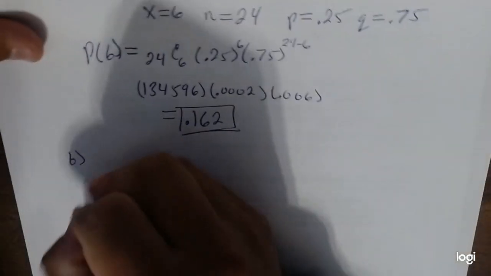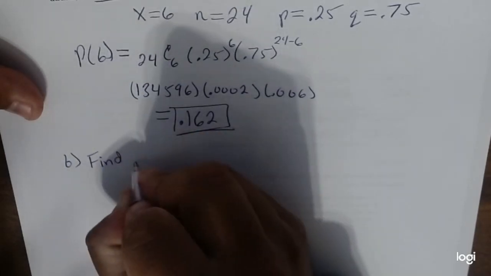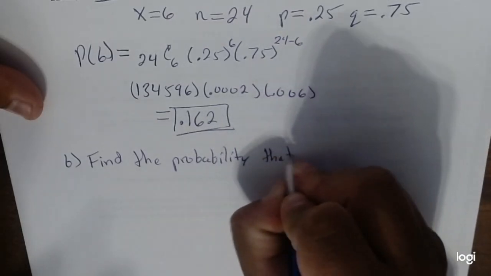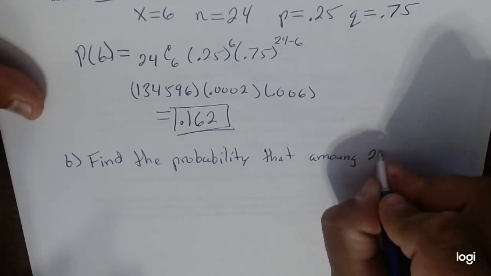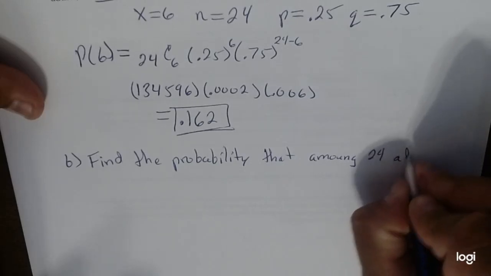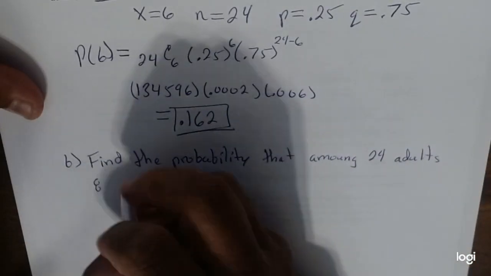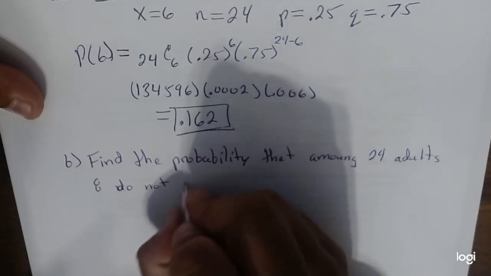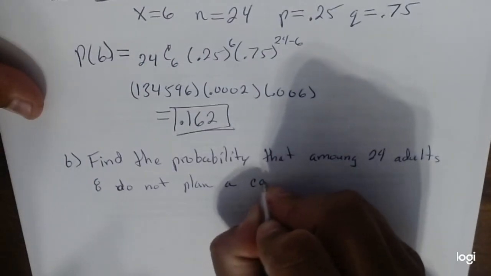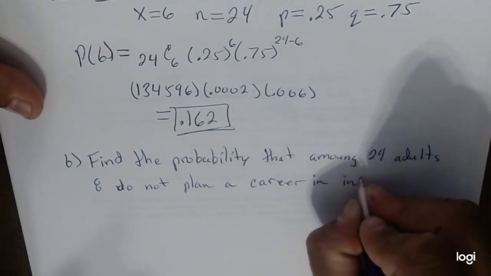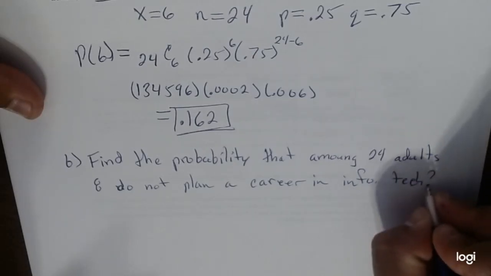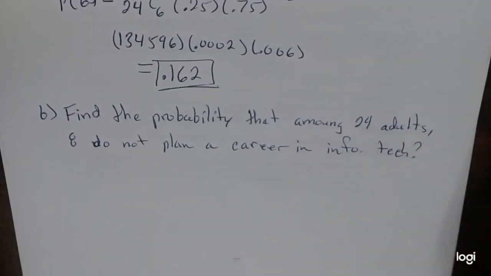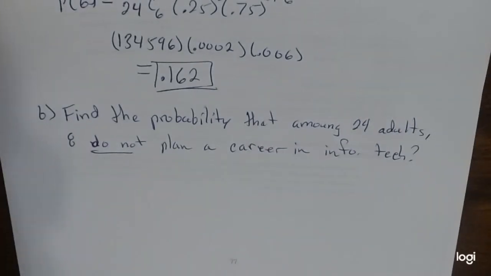The part B question asks you to find the probability that among the 24 adults, 8 do not plan a career in information technology.